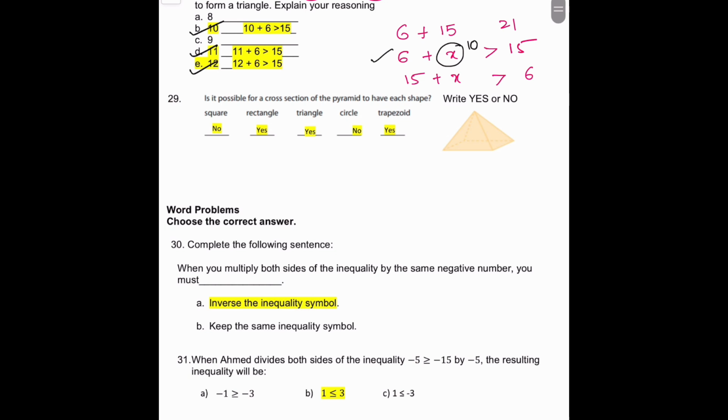Is it possible to have a cross section of the pyramid to have each shape? Yes, definitely I can have a square at the bottom of the pyramid.